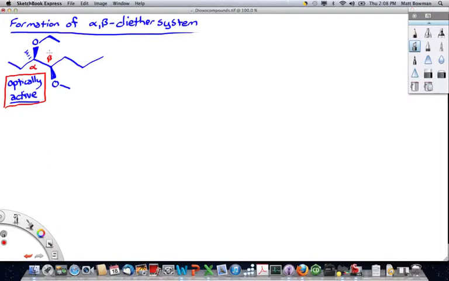Here we have two ethers. We can make this bond as a last bond, or we can make this bond as the last bond. Either one has the potential of being the correct one.